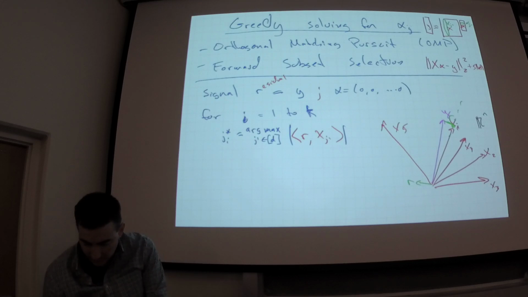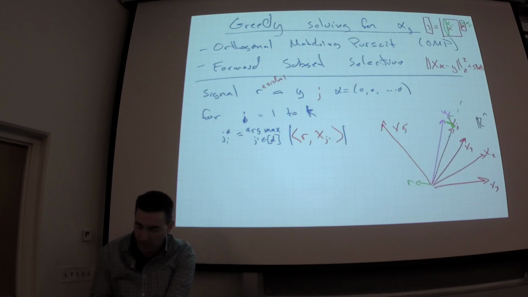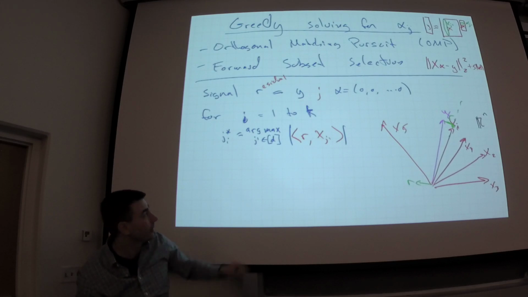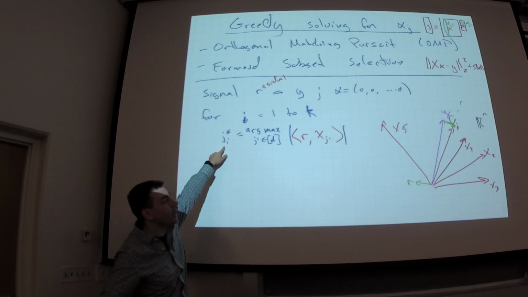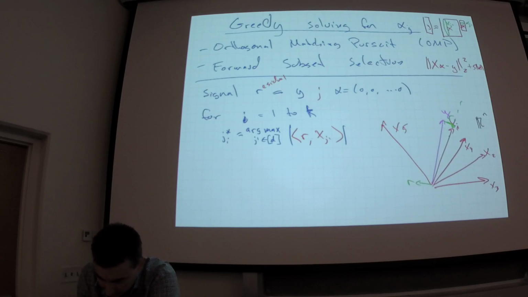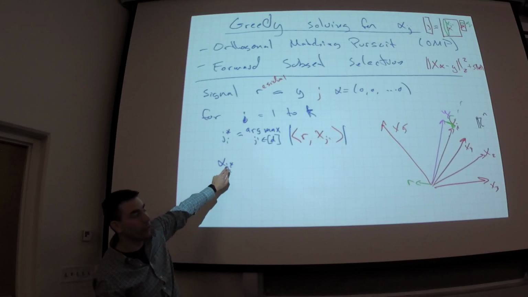Okay, so let's try and write this algorithm out in more detail. After I found this column, which is the best, I need to set alpha j_i star, the coordinate that I picked.